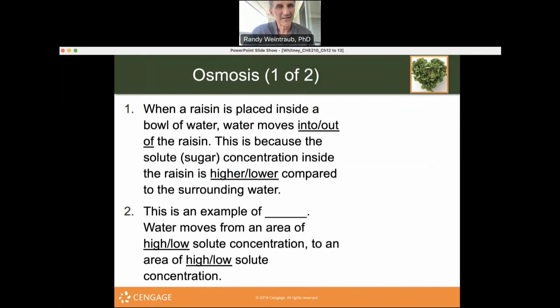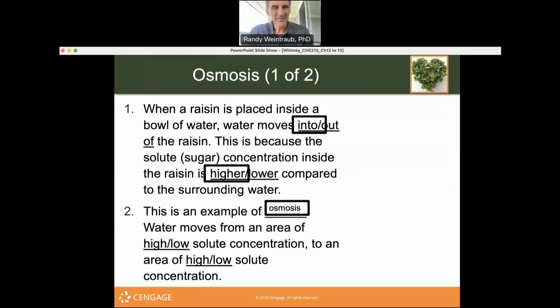Osmosis, that chemical process that we should know about: when a raisin is placed inside a bowl of water, what should we expect? Well, water would move into that raisin. This is because the sugar, that is the solute concentration, is higher inside of the raisin compared to outside, and osmosis occurs in attempts to equilibrate that concentration.